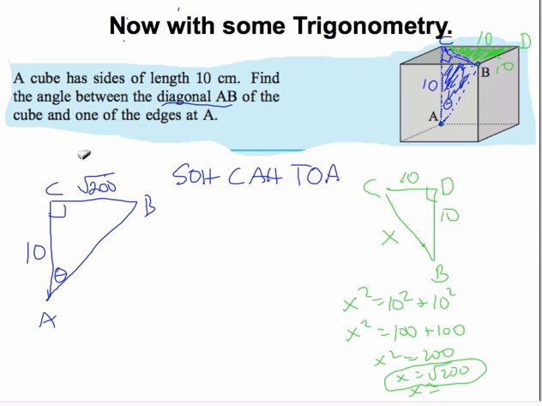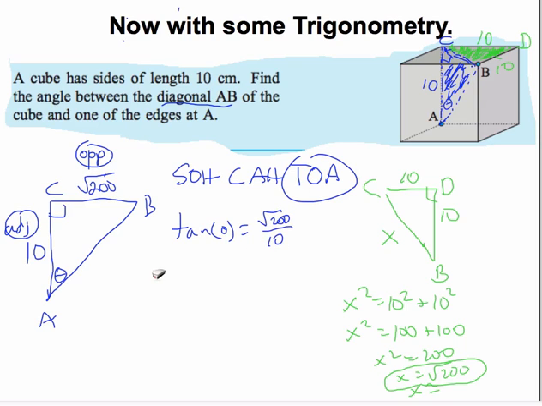Well, we have the opposite here. This is opposite to theta, and this is the adjacent. So I'm going to use tangent. So tangent of theta equals root 200 out of 10. So theta equals inverse tan of root 200 out of 10.